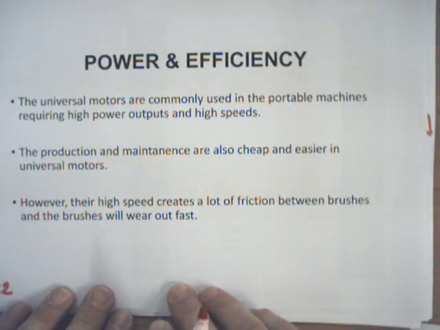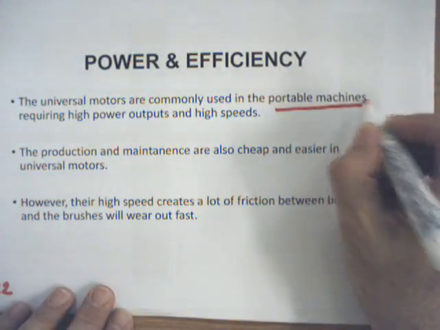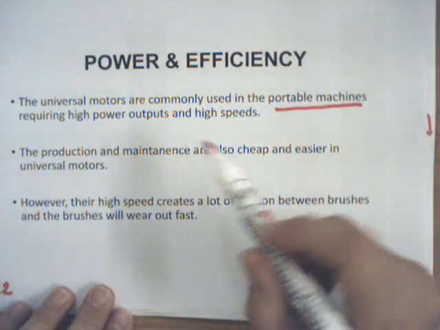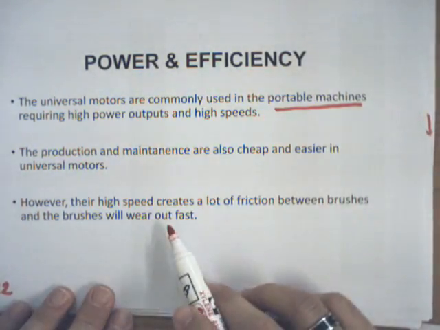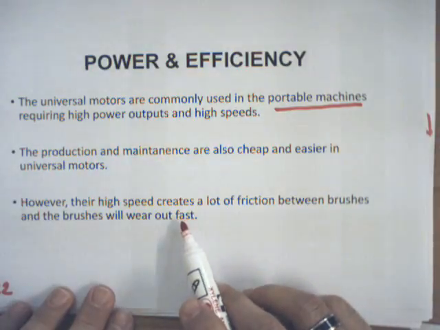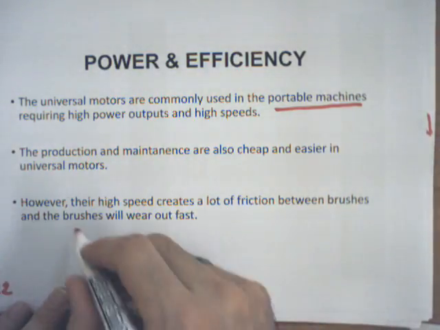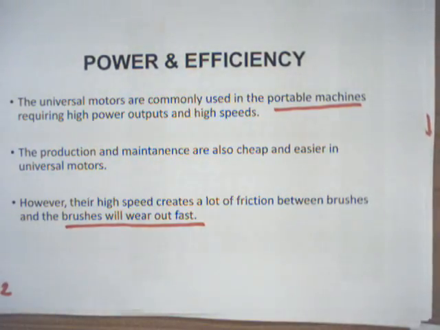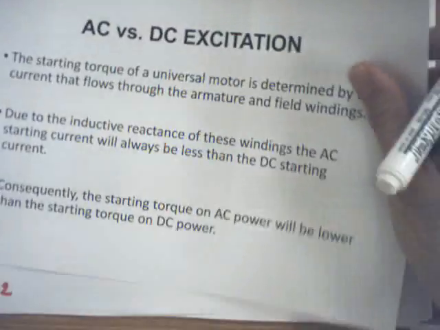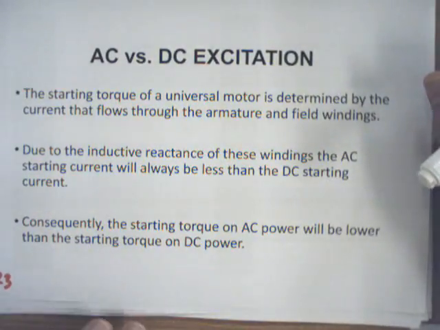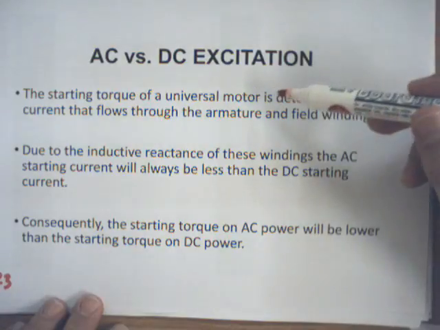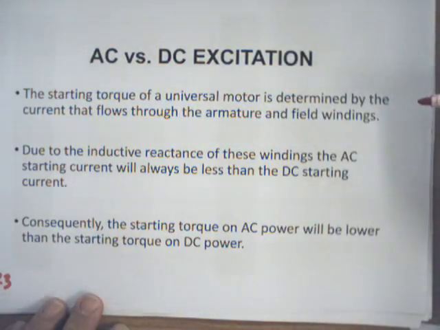Universal motors are commonly used in portable machines requiring high power outputs. Their maintenance is inexpensive and easier, but high speed creates a lot of friction between brushes, and the brushes will wear out fast, so they need maintenance. So what can we say about applying AC and DC excitation? Starting torque is determined by the current that flows through the armature and field windings.